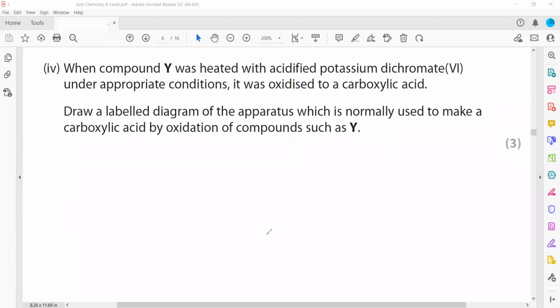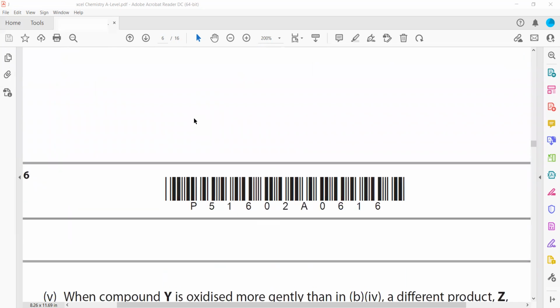So we have to draw a reflux condenser, where water in and out is there, and open at the top, so that it will make a complete oxidation of the alcohol to carboxylic acid, and dicarboxylic acid will be produced.